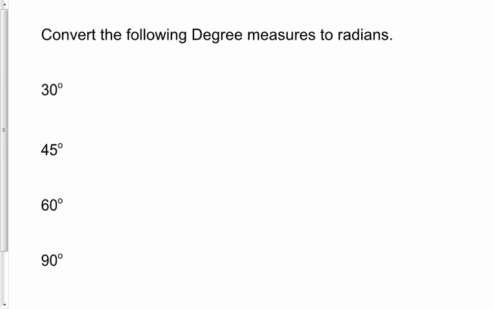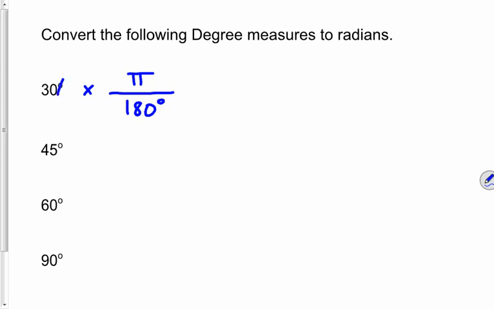We're going to convert the following degree measures into radians. So we start with 30 degrees. We're going to take 30 degrees and multiply it by pi over 180 degrees, because that's our new conversion. So we're doing dimensional analysis here, right?